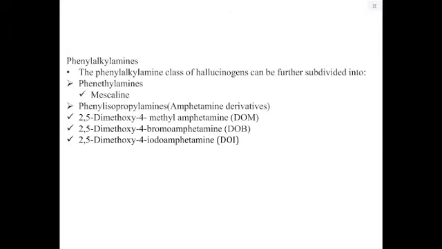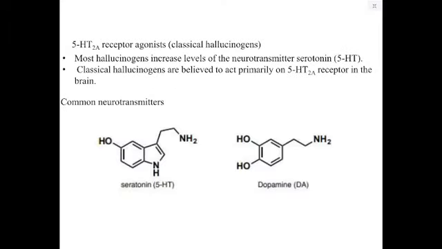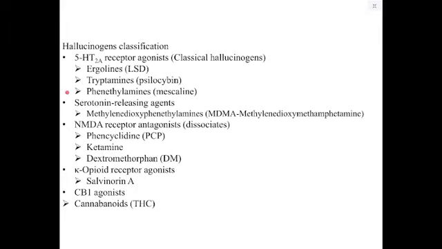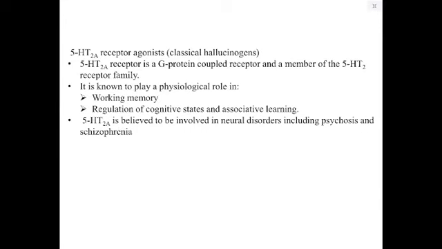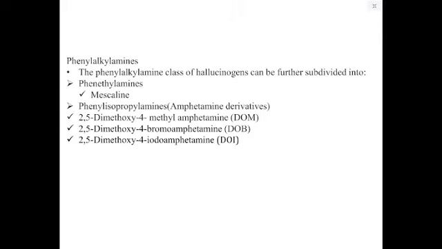If we look at hallucinogens, the first class of 5-HT receptor agonists, we have ergolines, we have tryptamines, and we have phenylethylamines like mescaline. We are looking at the first category, which is the phenylethylamines.